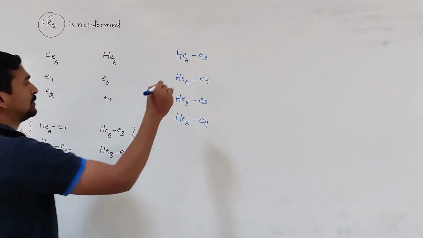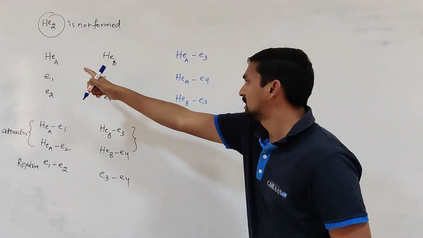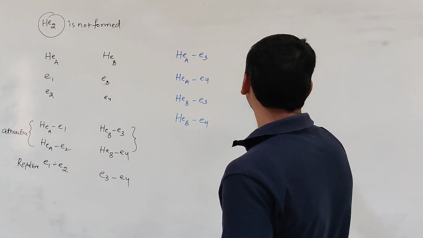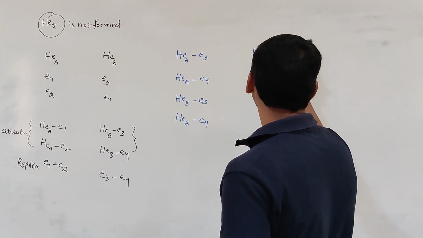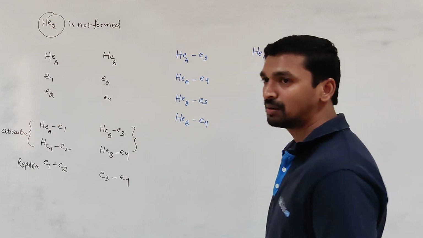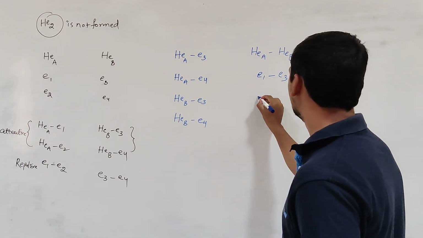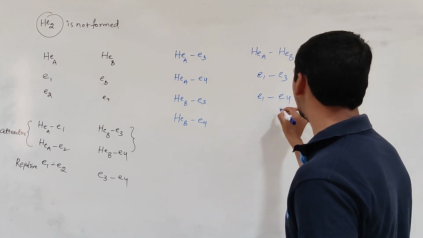What are the repulsive forces developed? Whenever the two helium atoms approach each other, the HeA nucleus repels the HeB nucleus, and E1 repels E3, E1 also repels E4.